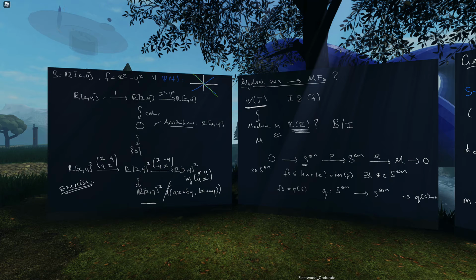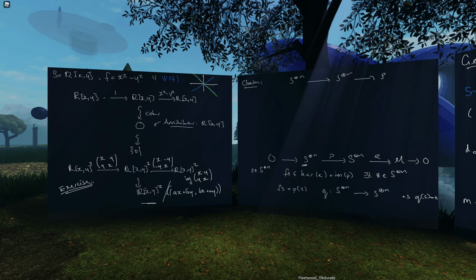I might just erase this top bit here. Then we claim that (Q, P), oh sorry, I suppose it doesn't matter, but really it should be this way, is a matrix factorization.